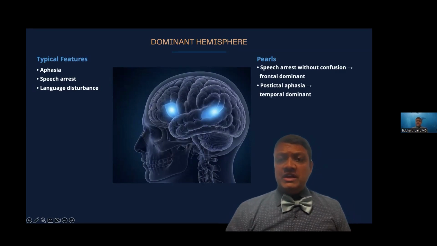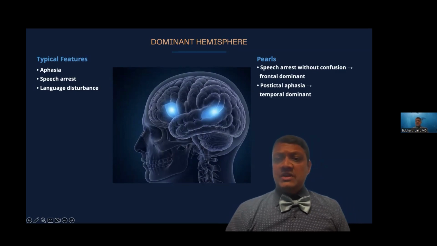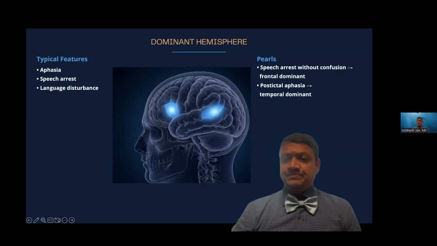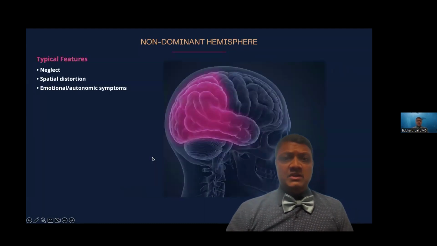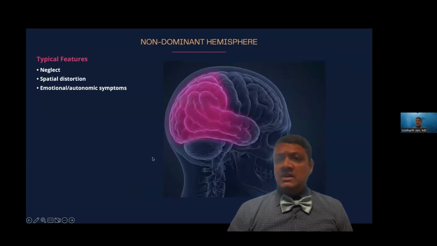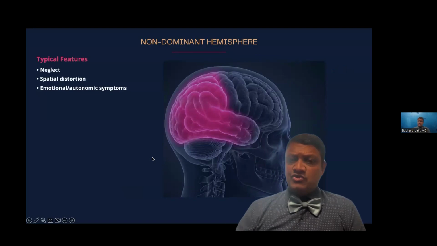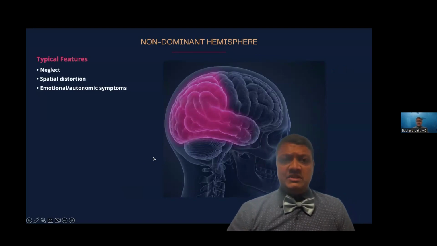They would be, again, either difficulty to speak, speech arrest without confusion, and then post-ictal aphasia that can be seen if the dominant lobe is involved. In the non-dominant hemisphere, typically the right, seizures do not produce a language dysfunction, but there might be other symptoms such as emotional autonomic symptoms, spatial distortion, or neglect that may be seen if these are involved.